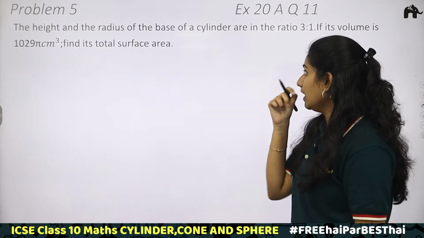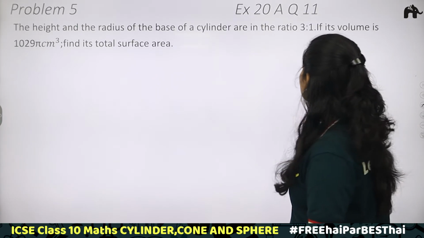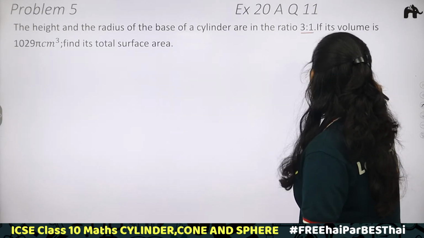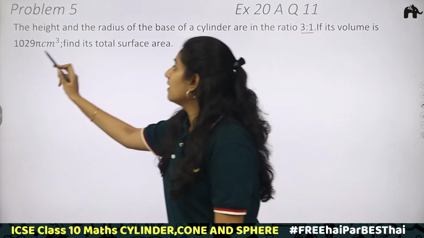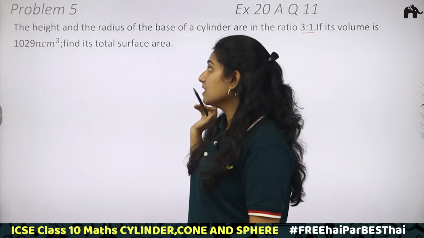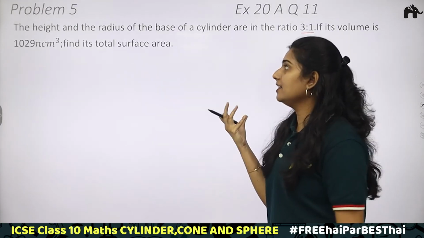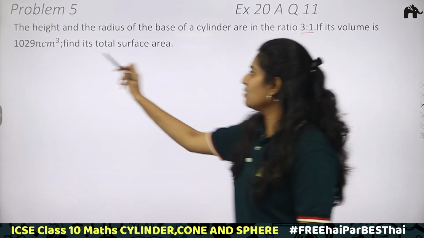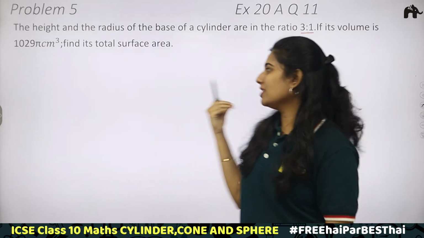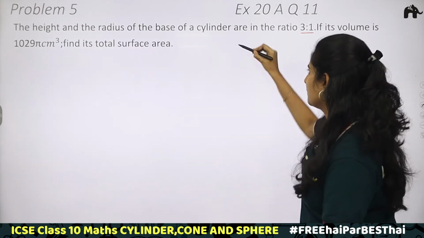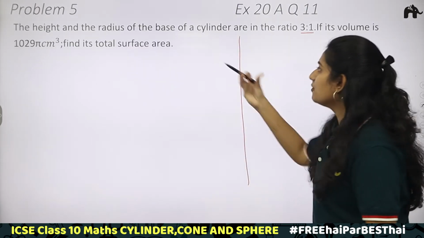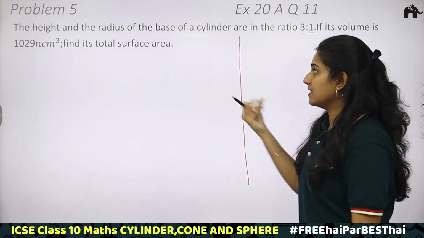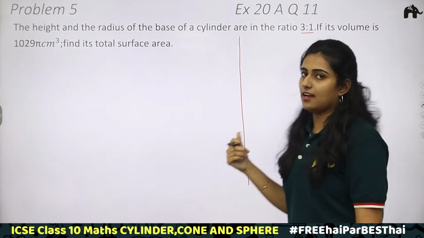The height and the radius of the base of a cylinder are in the ratio 3:1. If its volume is 1029 pi centimeter cube, find its total surface area. So, here pi is given as it is, which will make the calculation easier. Now, we don't know the exact value of what radius is, what height is. We need to find total surface area. What is given?